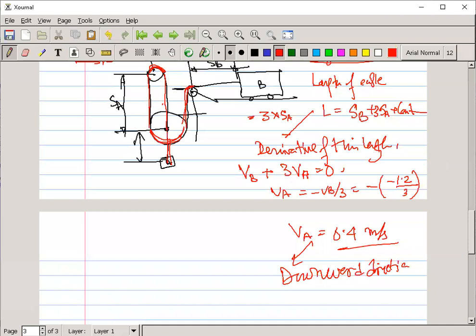These are all pulley problems, so please try to understand very properly and minutely so that you are able to solve them in the exam.